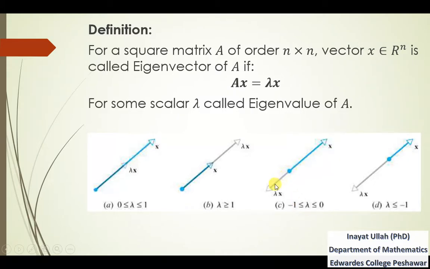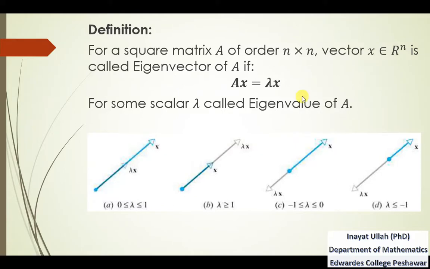That is lambda x, and we see that this length is less than the length of the original x vector. So whenever lambda is negative, it will change the direction of the original vector, and whenever lambda lies between -1 and 0, the length will also be lessened.